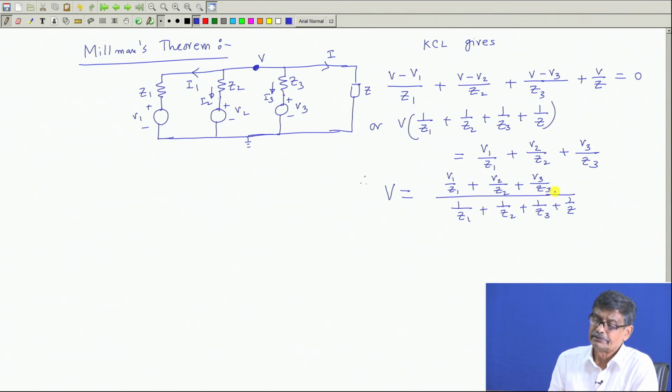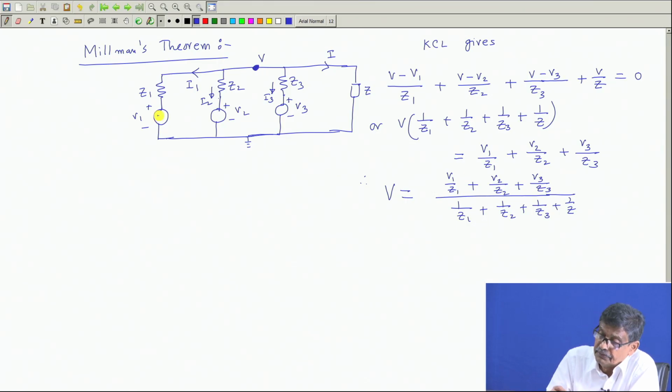So, Millman's theorem says that if there are circuits with several voltage sources along with their internal impedances connected in parallel, supplying a load, then this voltage can be easily found out.